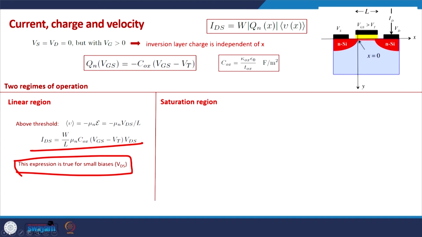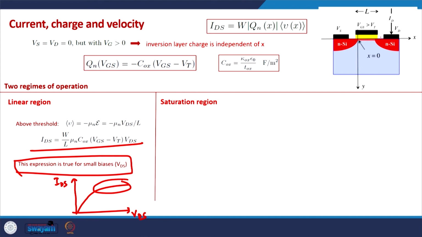In the saturation regime, when VDS is no longer small, we have seen while discussing the output characteristics, IDS versus VDS, that this regime is known as the saturation regime. And we have also discussed that there could be two reasons for this saturation. One is in the small channel MOSFETs, this might be because of the velocity saturation, and in the long channel MOSFET, this could be because of the pinch off in the channel.